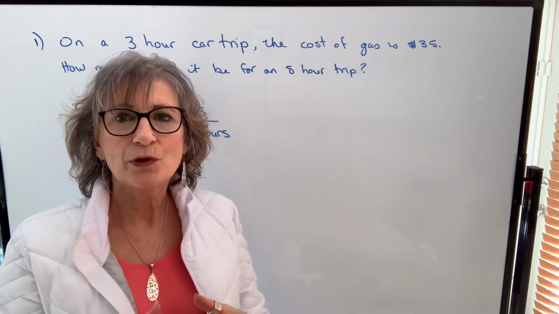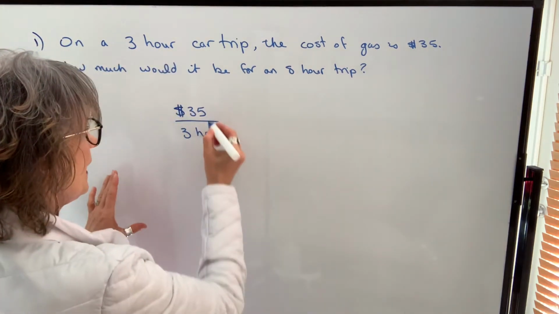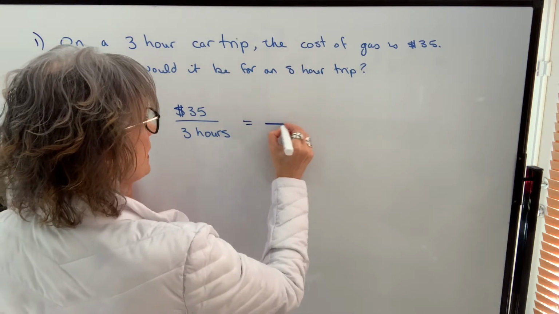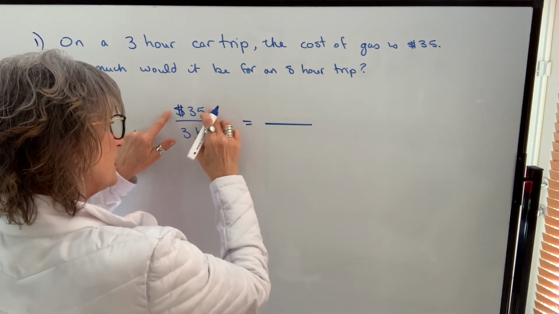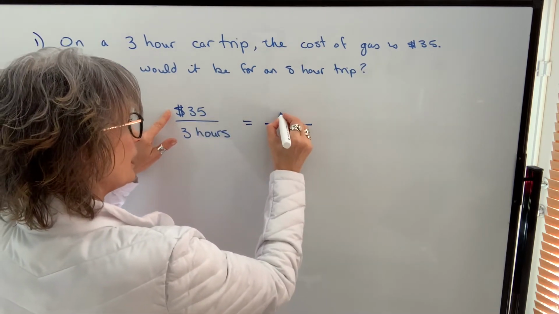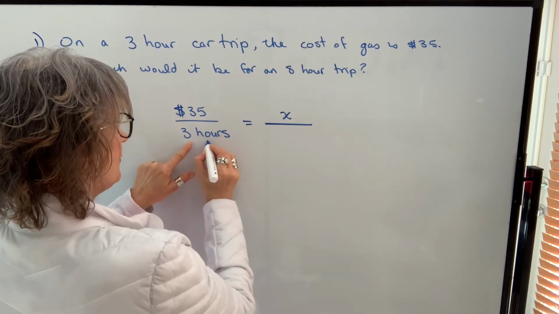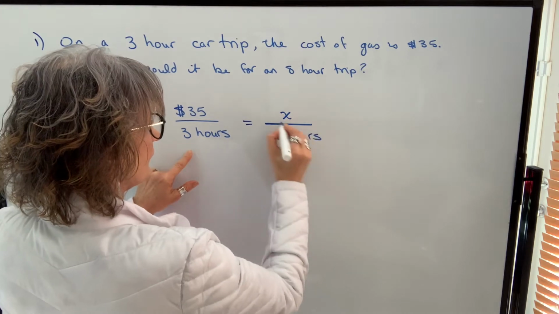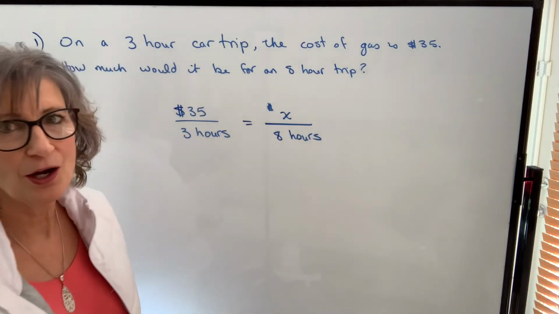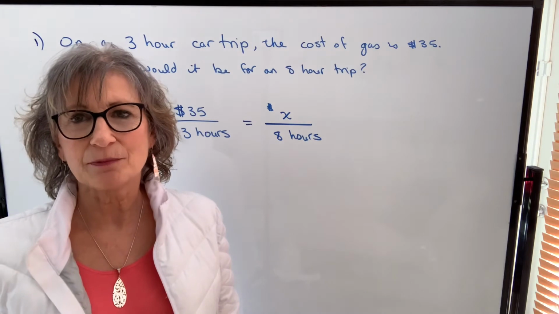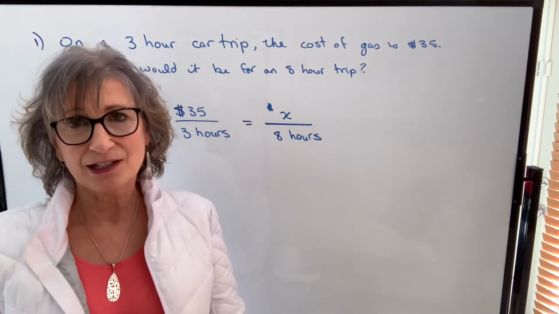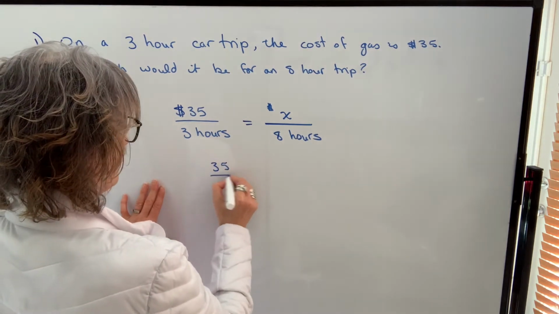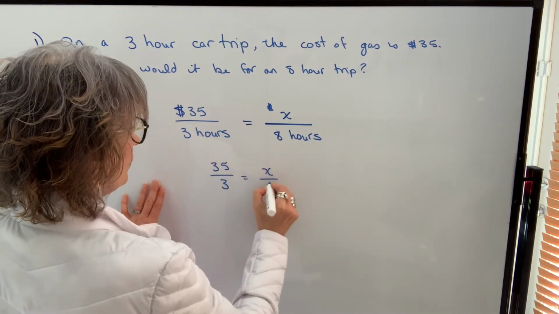But instead, I'm going to set up a proportion where I'm going to say that ratio, that cost per hour, should be equal to, if I put the price in the numerator, I have to put the price in the numerator, and I don't know that. If I put the time in the denominator, I have to put the time in the denominator. So that's how a direct proportion is set up. I'm going to ignore the units and set it up again without the units. So 35 over 3 should equal x over 8.